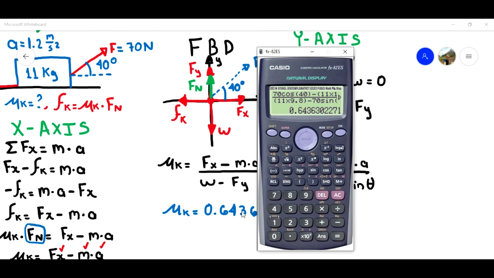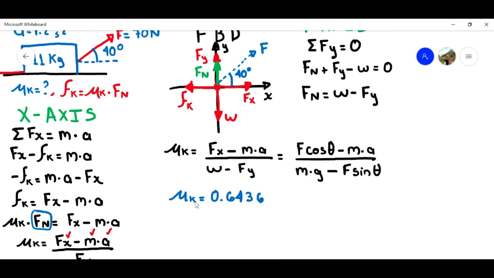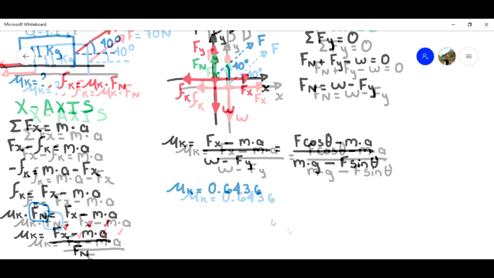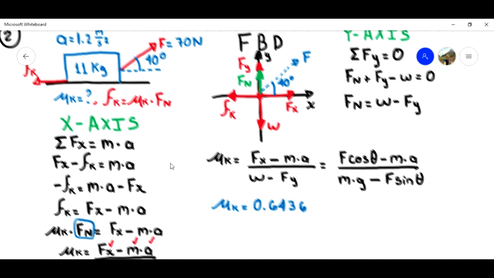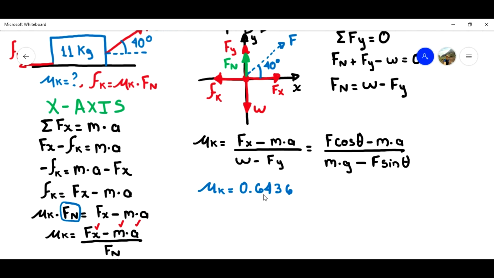Okay, so this number does not have units, and it's a number between 0 and 1. 0 means that there is no friction between the surfaces, and 1 means that it's very difficult to move that block over that surface. It's a very rough surface. Okay, so in this case it's 0.6436, and this is the answer of this problem.